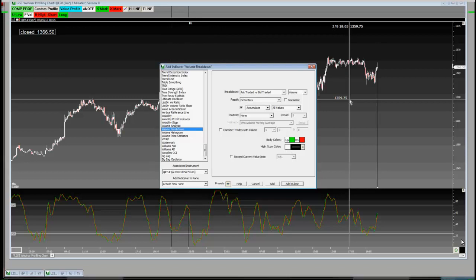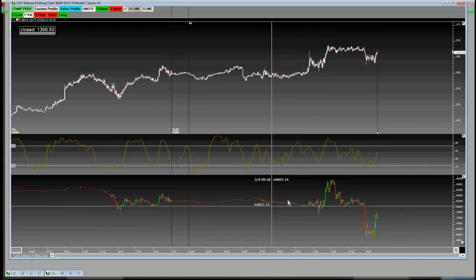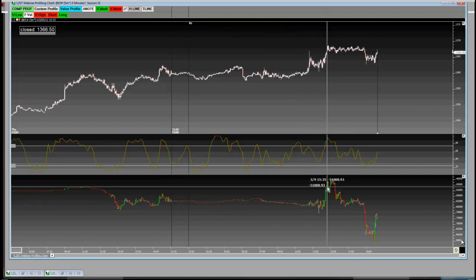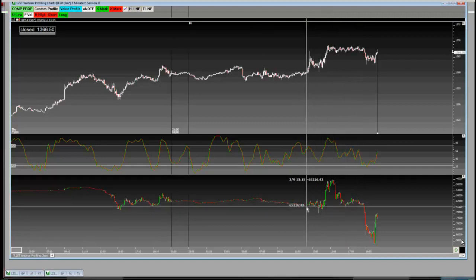So there's a couple of ways to use this. You can accumulate all values, which is what Peter's just referred to there as the cumulative delta, which is accumulating all values, and that looks a bit like this. It pretty much looks like price-based candlesticks, but rather than looking at price, they're looking at order flow.